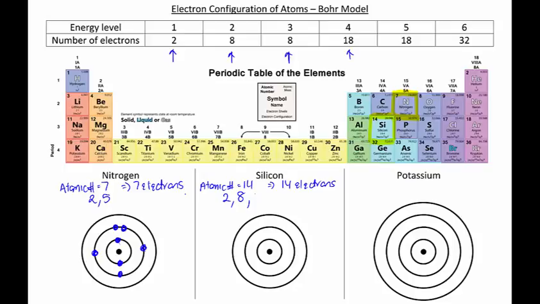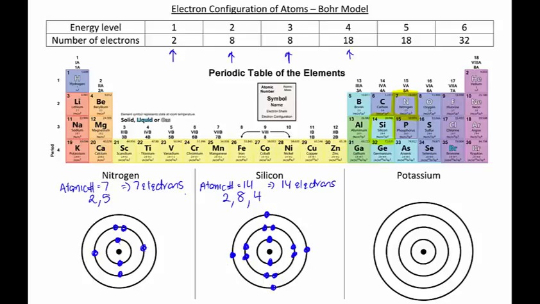The third one can hold up to 8, so we can have 4 in the next energy level. Pictorially, our first energy level is full with 2. Our second is also full with 8. And then our third has 4. So 1, 2, 3, 4.